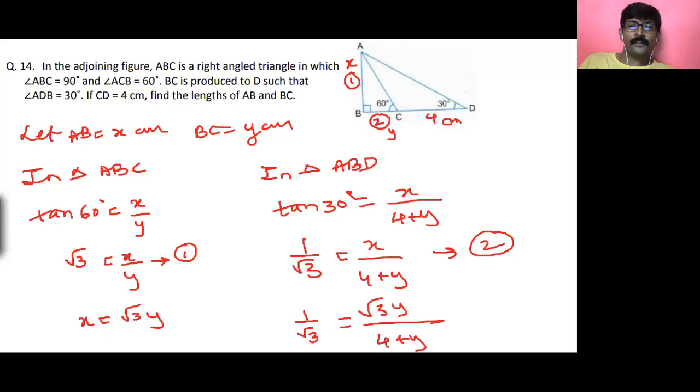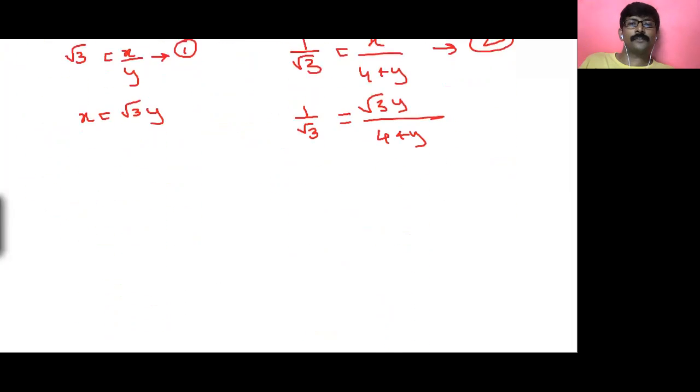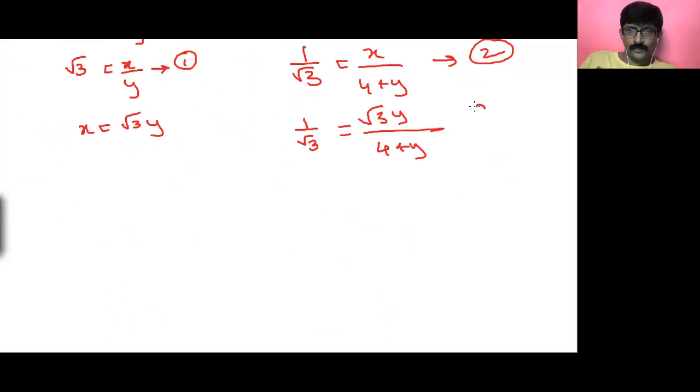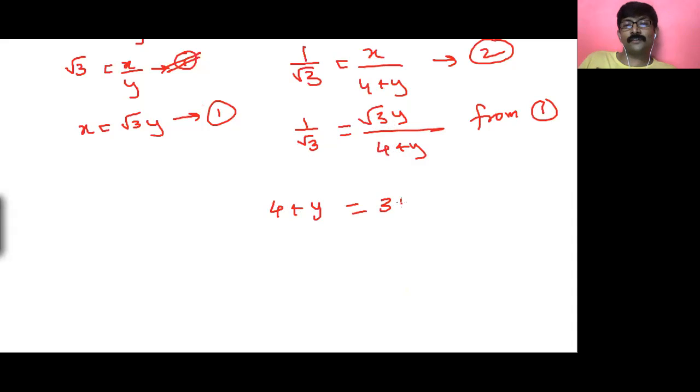Are you understanding? I'm just scrolling it a little down so that you'll understand. So यहाँ पर लिख सकते हैं from equation 1, x is equal to √3y. I just plugged it over here, and now students will have to do cross multiplication. So ये क्या बन जाएगा बच्चों, 4 plus y is equal to √3 into √3y, तो ये बन जाएगा 3y.